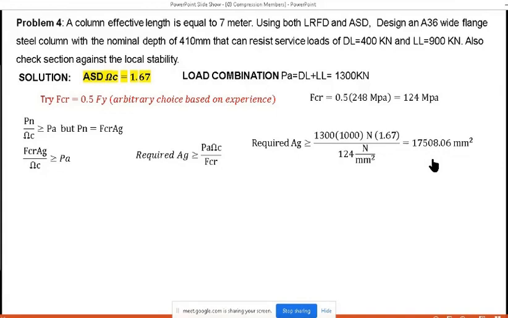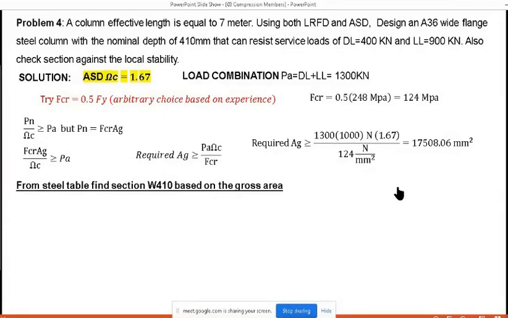Kasi in other books, hindi naman masyadong kalakihan yung difference, yung 0.01 mm, mga ganon. Pero later on, magbibigay ako ng AISC table para pare-parehas. Doon tayo titingin ng section.